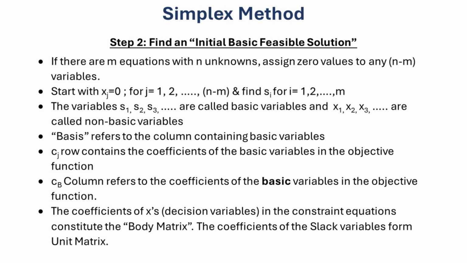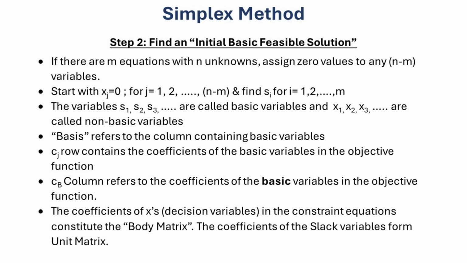So n minus m, that is 6 minus 3, we'll assign 3 variables to 0. Okay, so we will assign 0 to x1, x2, x3. They will be called non-basic variables because their value is 0. And our s1, s2, s3, that we start with in the initial basic feasible solution, they are called basic variables.